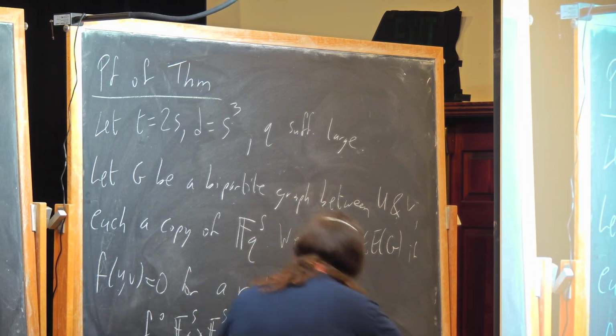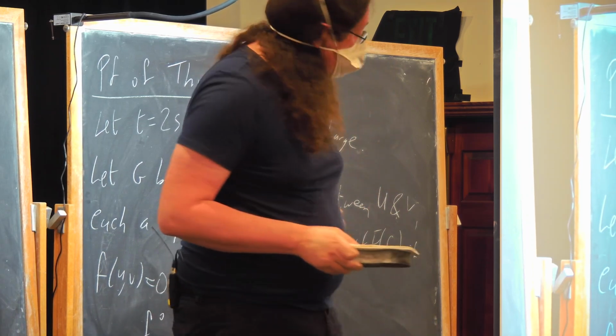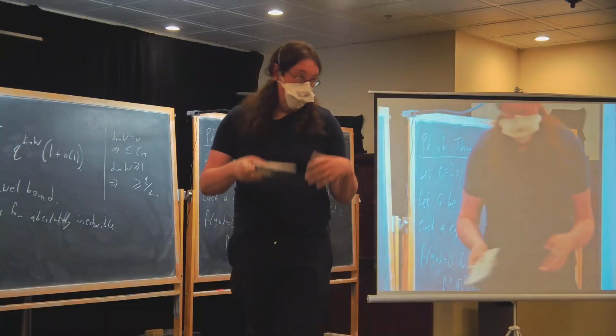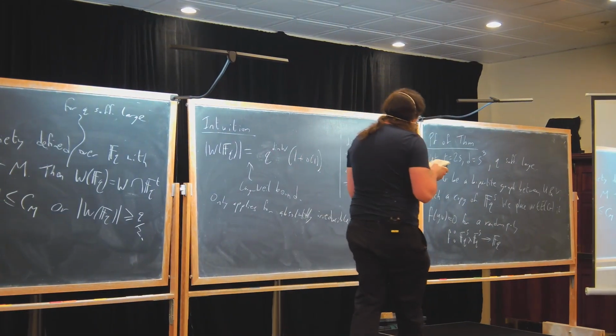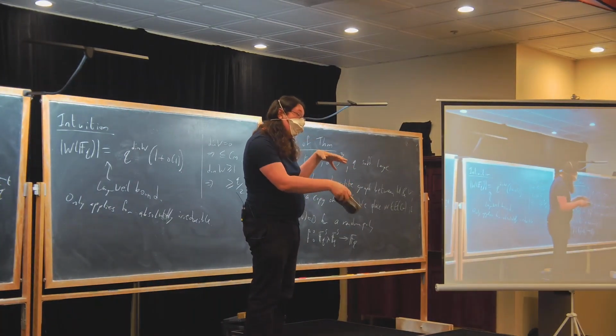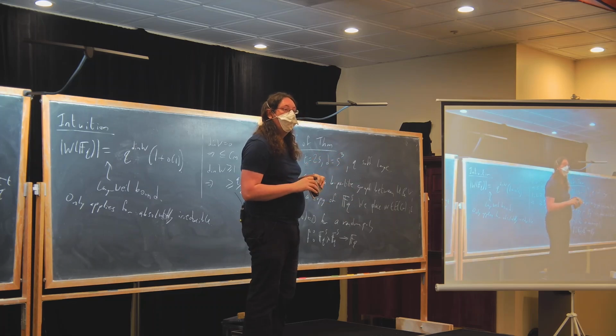Sorry, just F_q. So F_q^s cross F_q^s is just F_q^{2s}, so that's the dimension that we're actually working in. We're just taking a random polynomial. We're using that to define the edges. And that's it. So was there a question there?